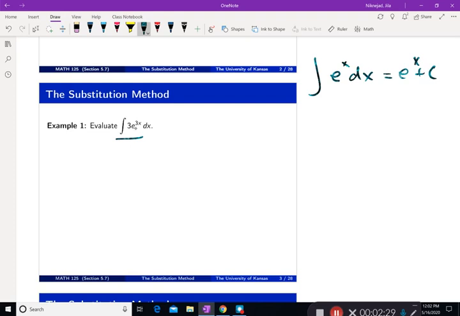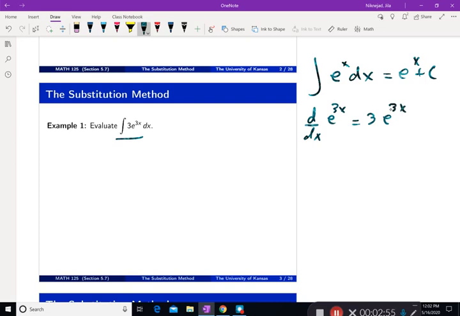Now, what function is e to the power 3x the derivative of? Let's try to see, because I know the derivative of e to the power of something requires the argument of the function to be the same. So first I try e to the power 3x, and I see that the derivative is going to be 3e to the power 3x.